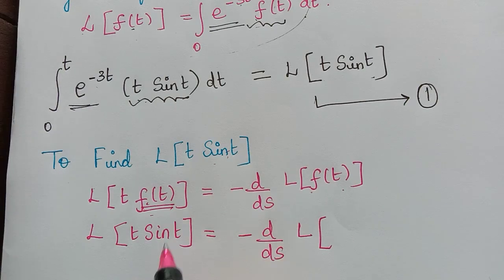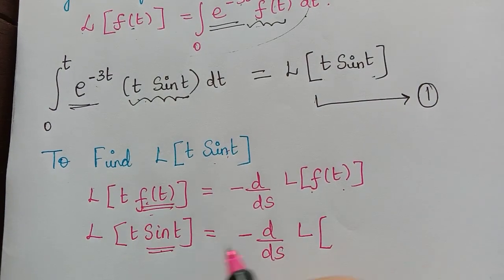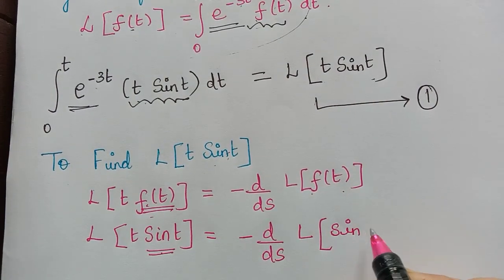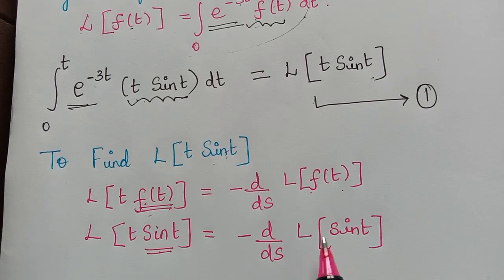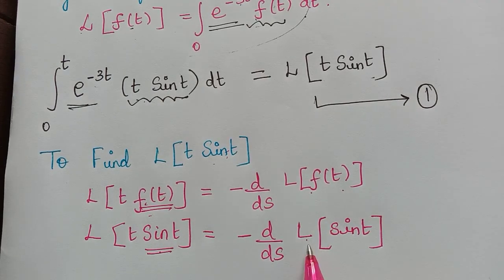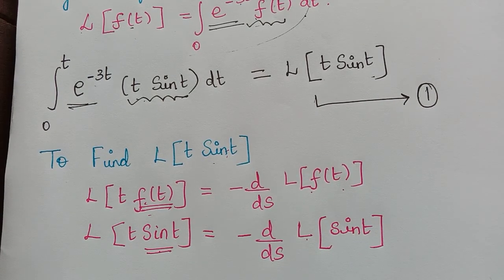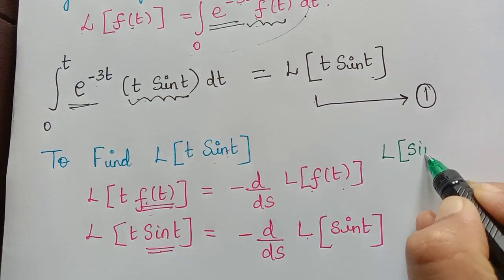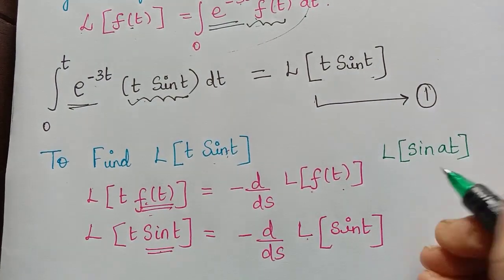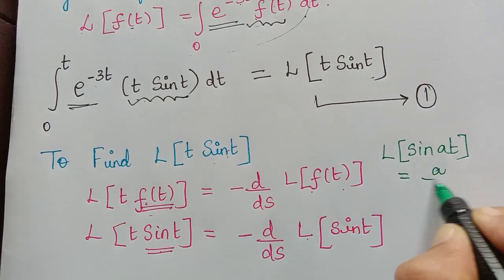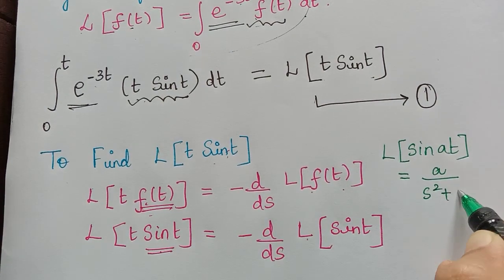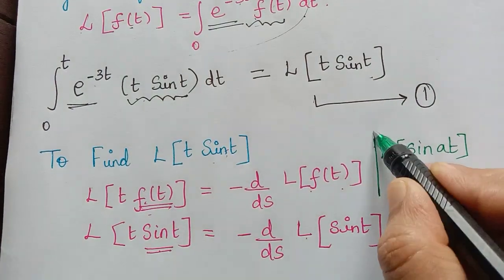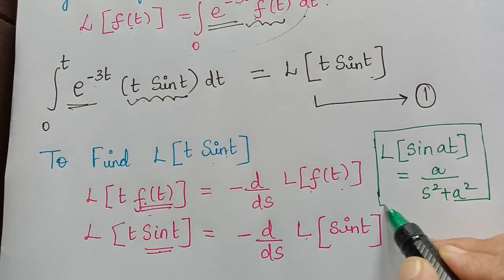At the place of f of t, what do we have here? Sine t. So L of sine t. Now here we can use the result L of sine at, which says that L of sine at is equal to a divided by s square plus a square. So we are going to use this result over here.